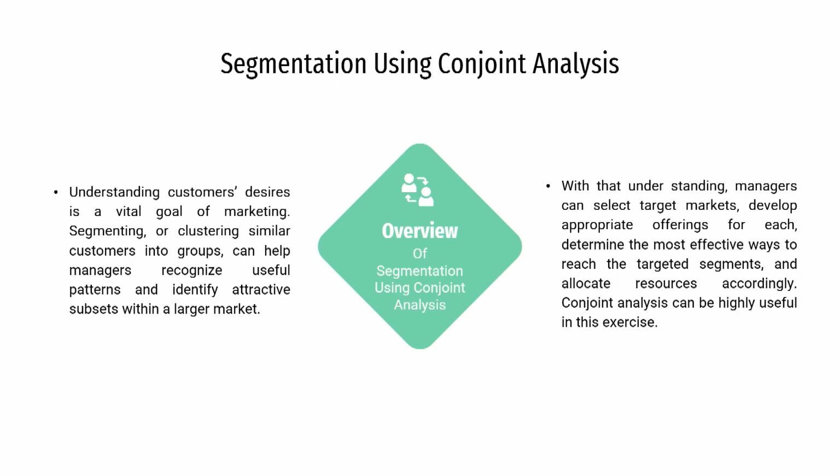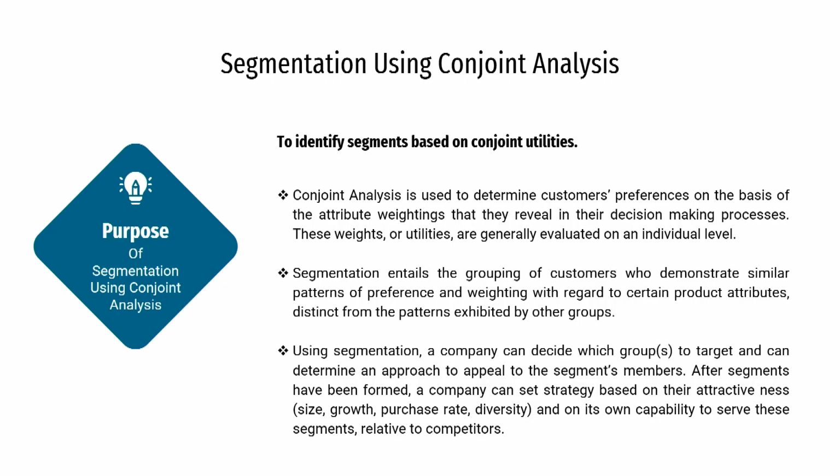Conjoint analysis can be highly useful in the process of segmentation based on customer wants. We are dividing the market based on customer wants. Now, let us talk about the purpose of segmentation using conjoint analysis, to identify the segments. To reiterate, conjoint analysis is used to determine consumers' preferences on the basis of attribute weightings that they reveal in their decision making process.